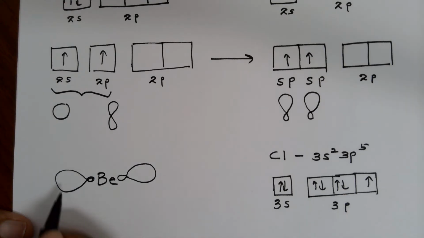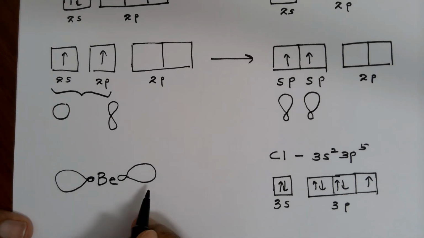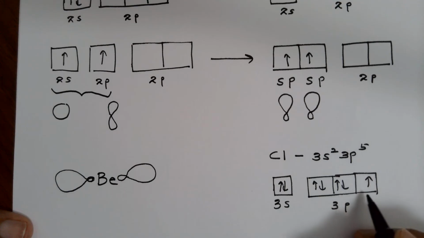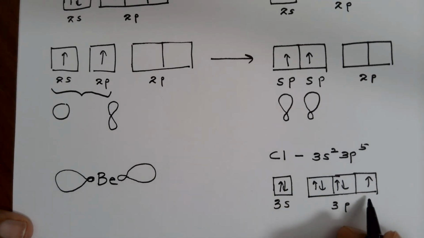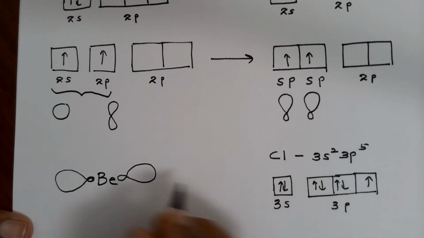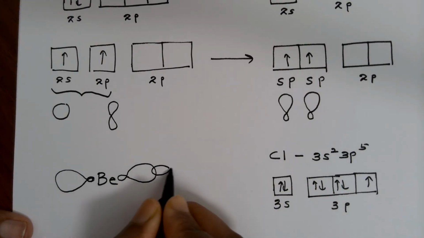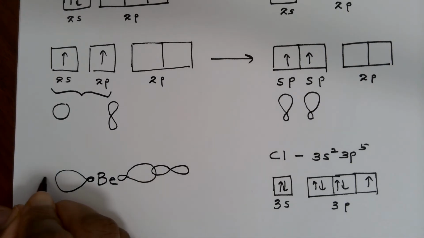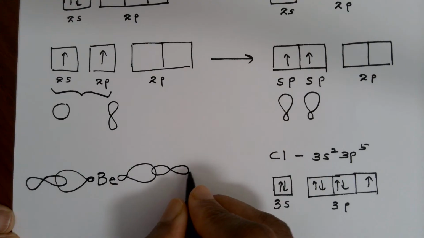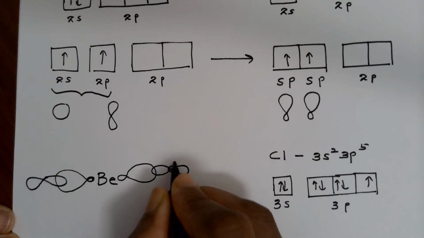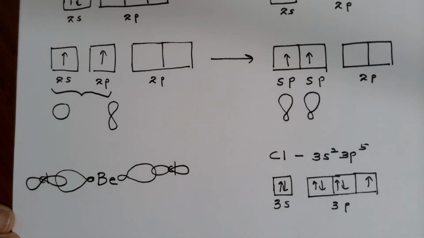So now these hybridized sp orbitals overlap with the singly occupied 3p orbital of the chlorine. A p orbital is normally dumbbell shaped, so chlorine's 3p orbital is a dumbbell shape. It looks like this. This is chlorine. That's how beryllium forms two Be-Cl bonds.